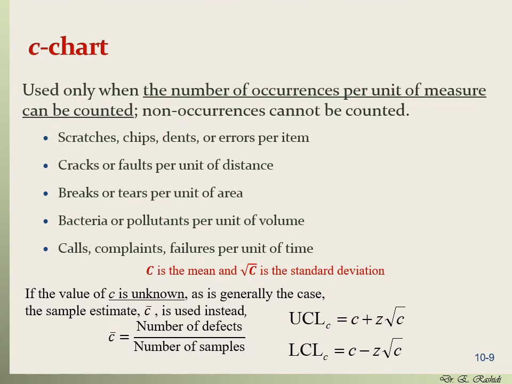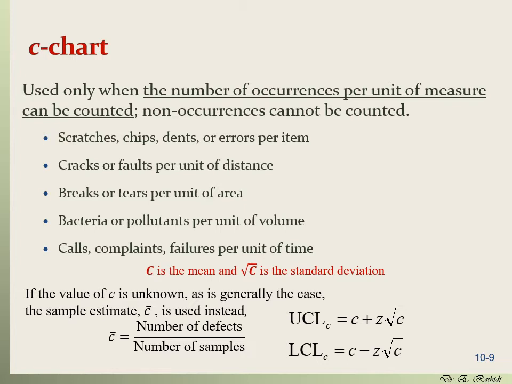The other control chart for attributes is the C chart. A C chart is used for data in scenarios where you can count the number of occurrences of something per unit, but you cannot count the number of non-occurrences. This is as opposed to the P chart scenario, in which you could put the items in two categories and count both.